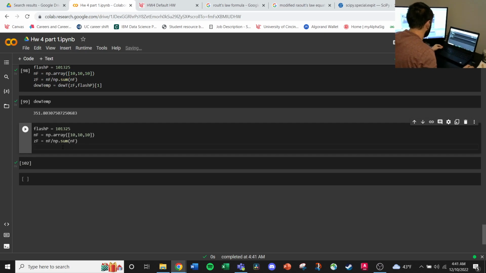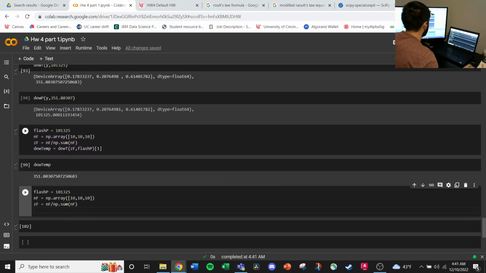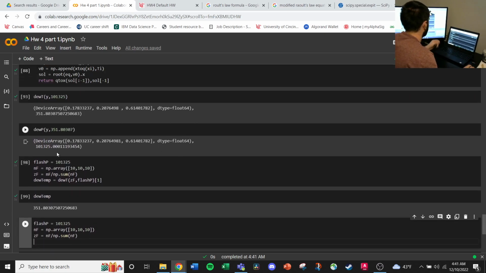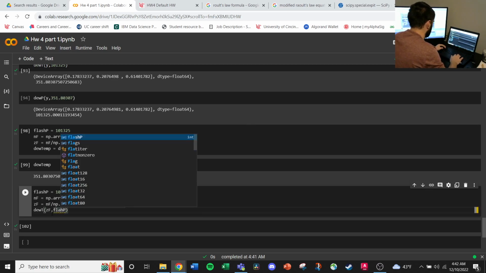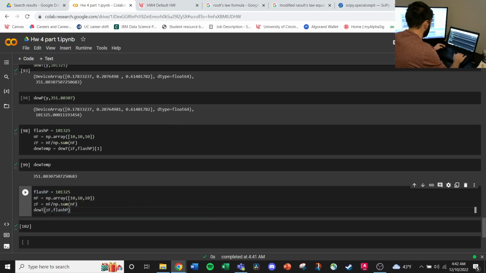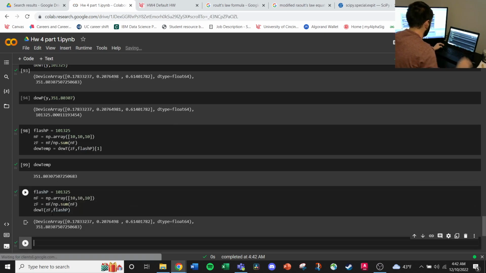And conveniently, we just made functions that give us the dew temperatures and the bubble temperatures, so we'll be putting those to use. So let's start with our dew temperature. Our dew temperature function takes in a mole fraction, which we will give it ZF, and a pressure, which we're given as flash P. So now we'll have our dew temperature.